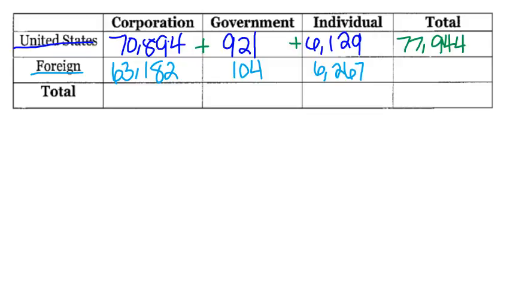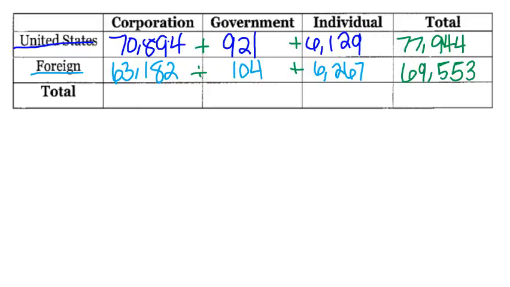I do the same thing with the next row: 63,182 plus 104 plus 6,267 gives me 69,553.